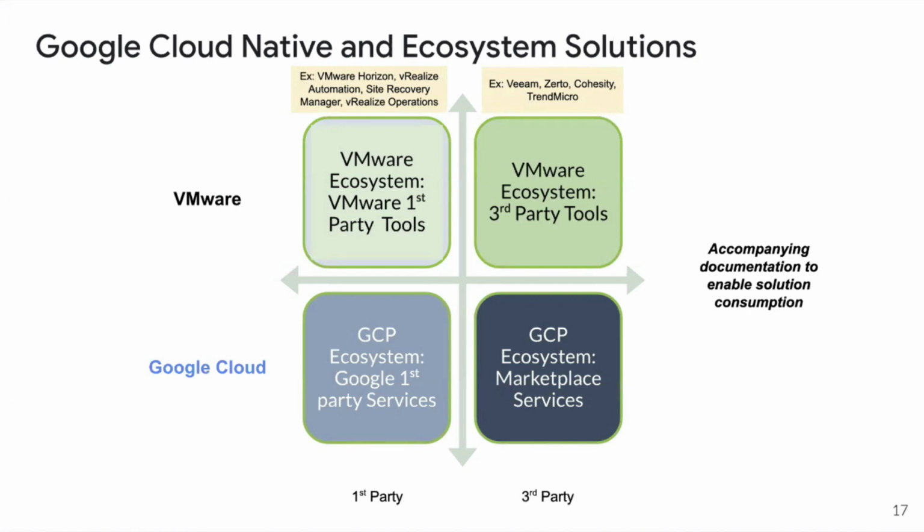On the bottom quadrant, you see Google first-party services and the Google Marketplace services. Examples of Google first-party services are Cloud Storage, Stackdriver, Anthos, and BigQuery. And in the Google ecosystem, an example would be the NetApp Cloud Volumes service, which is a managed storage service offered by NetApp.